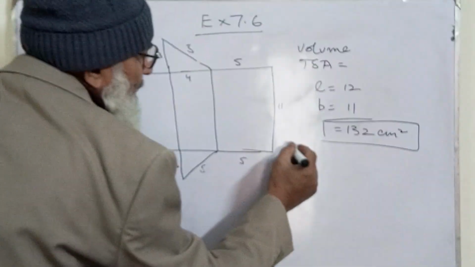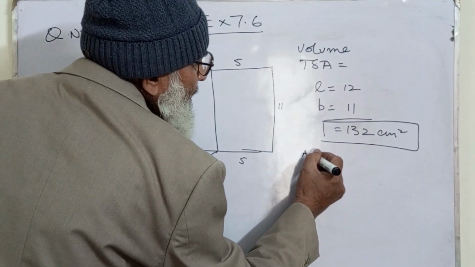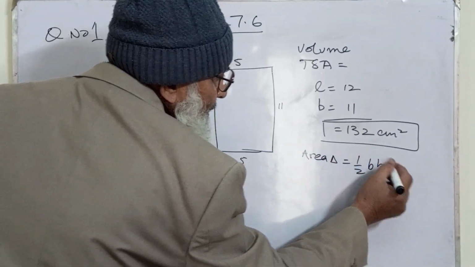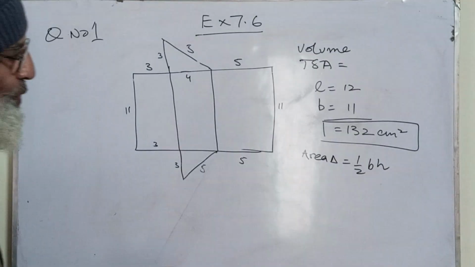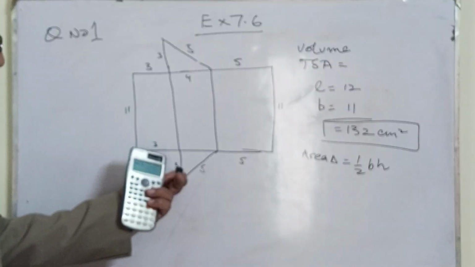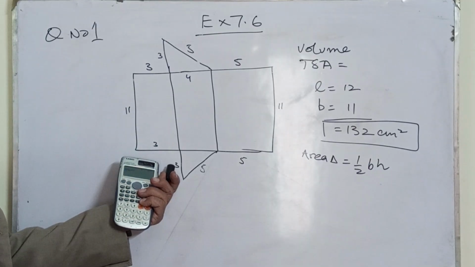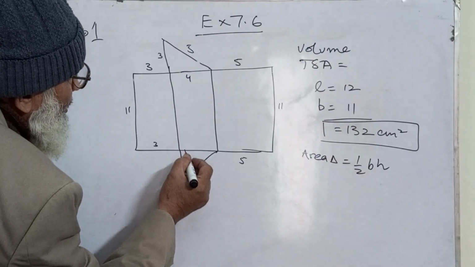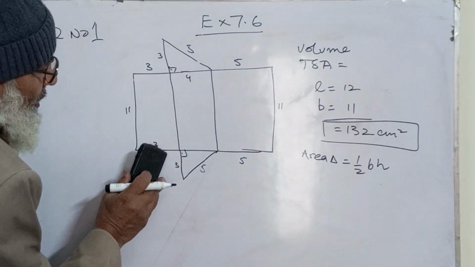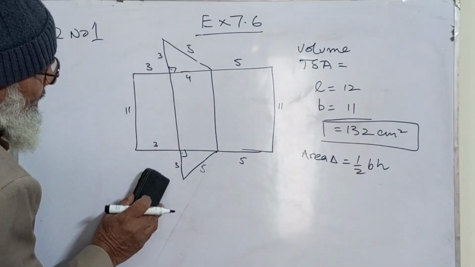The area of a triangle is half base into height. And we have the area of two similar triangles. These are similar triangles. See, the straight line is also given over here. This is the straight line, 3, 3.